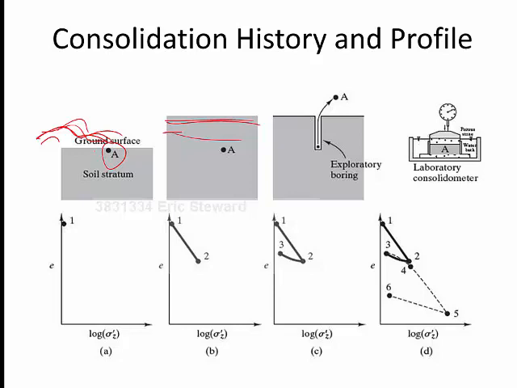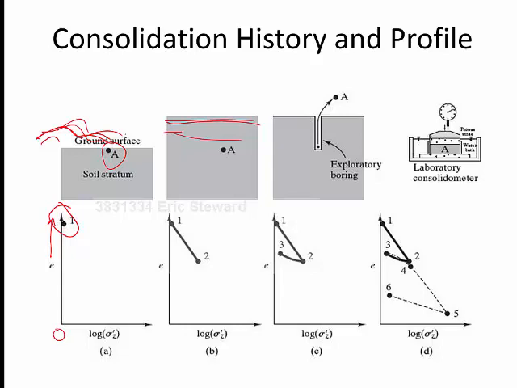But also, when that soil is first being developed, there is a very large amount of void space between the soil particles. That's indicative of point 1 here, where you have a very high void ratio and zero or very little stress applied to that soil sample.